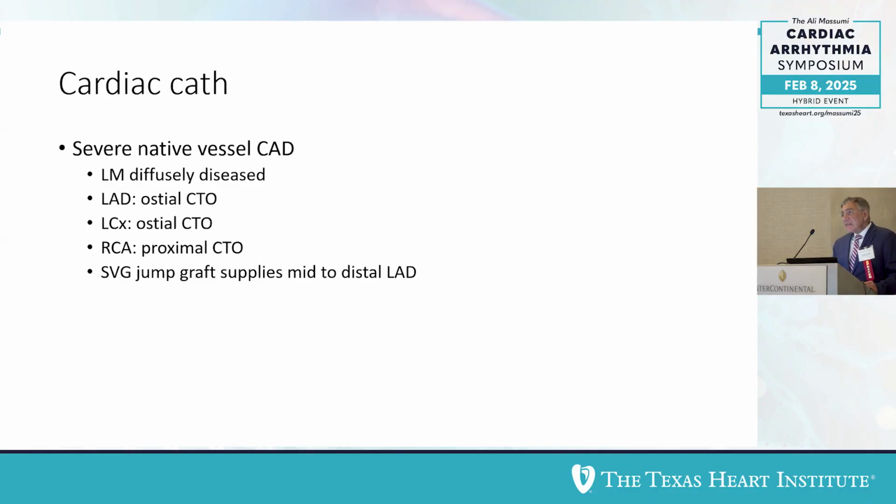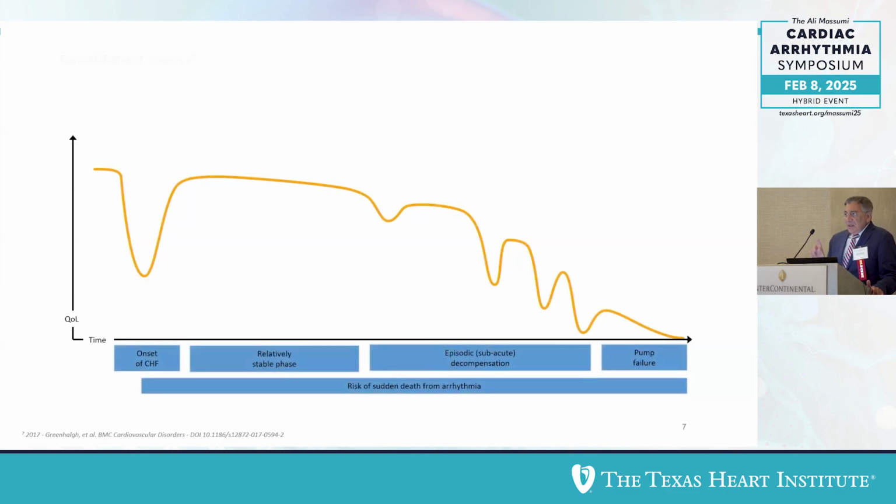Well, okay, let's cath him and see if there is anything we can go after. We go and cath him: total native coronary artery disease, total occlusion, and the bypass graft is open. So we keep this patient, and we'll revisit him at the end. I want to show you things.